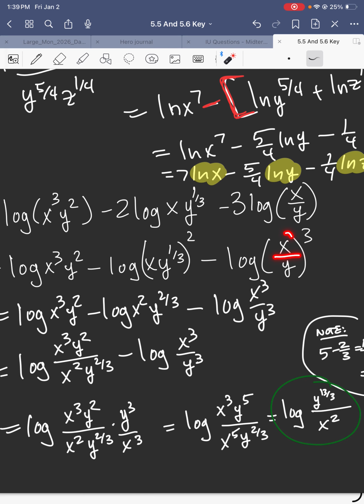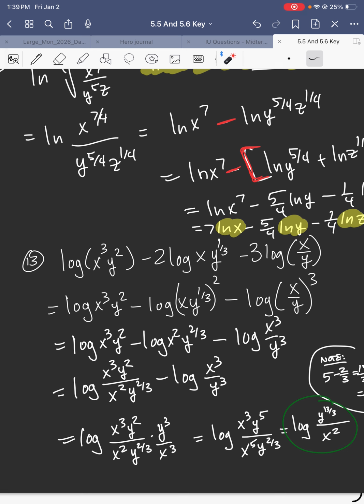Then if I have x over y cubed, that's x cubed over y cubed. So then I'm now going to view this as one big piece right here in green. And it turns out that the difference of two logs is just the log of a quotient, right?